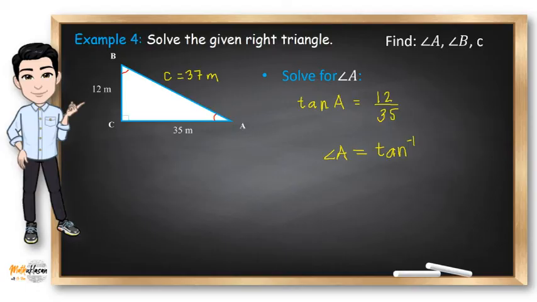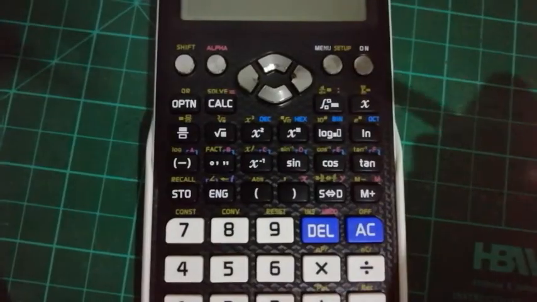Hindi talaga nakaraise sa negative 1, pero parang ganun ang itsura ng pagkakasulat natin ng tan inverse. Okay? At syempre, kukunin niyo yung tan inverse ng 12 over 35. So, ganun lang. Okay? So, ganito lang ang kailangan nating input sa calculator at makukuha natin yung angle A.